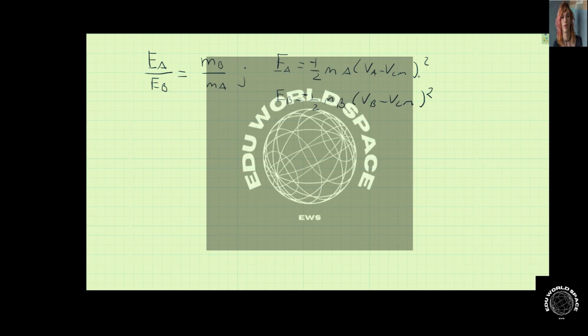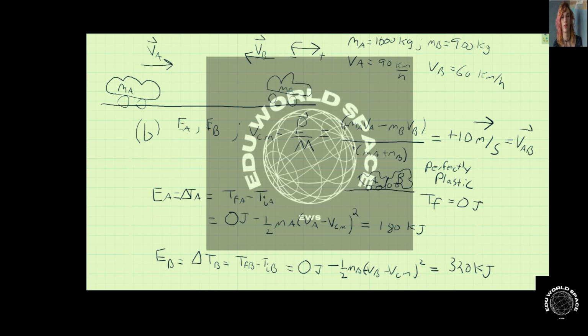But another easier way to think about this is to remember that we're working in a frame of reference that is moving along with the center of mass of our system. Now, when we do that, remember, at the end, what is the total momentum of the system in this reference frame? Well, it's 0. Both cars are not moving. That means that in this reference frame, the total momentum before the collision must also be 0.